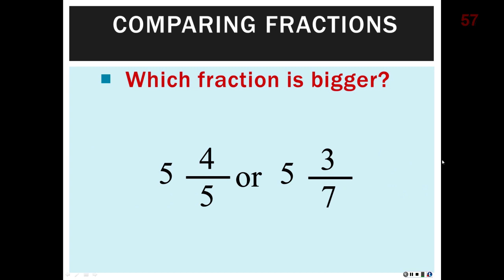Which is bigger? Do I need to worry about the 5s that are whole numbers? Because they're the same number. 5 times 3 is 15, and 7 times 4 is 28.